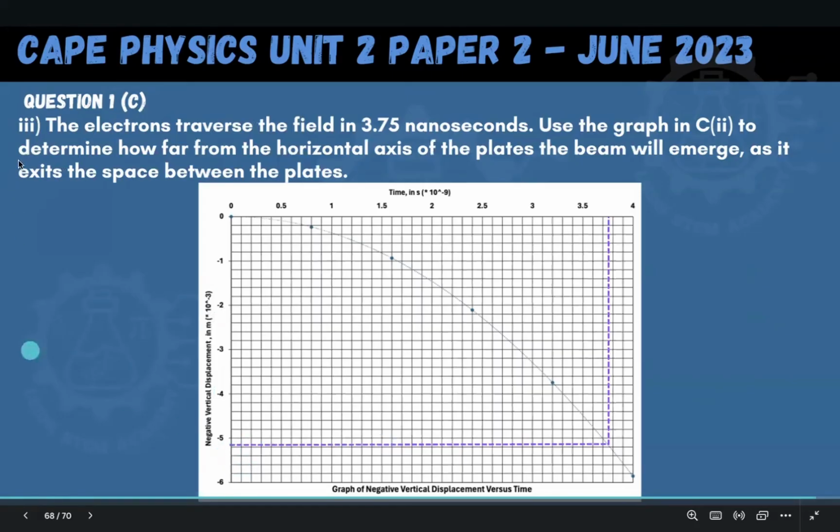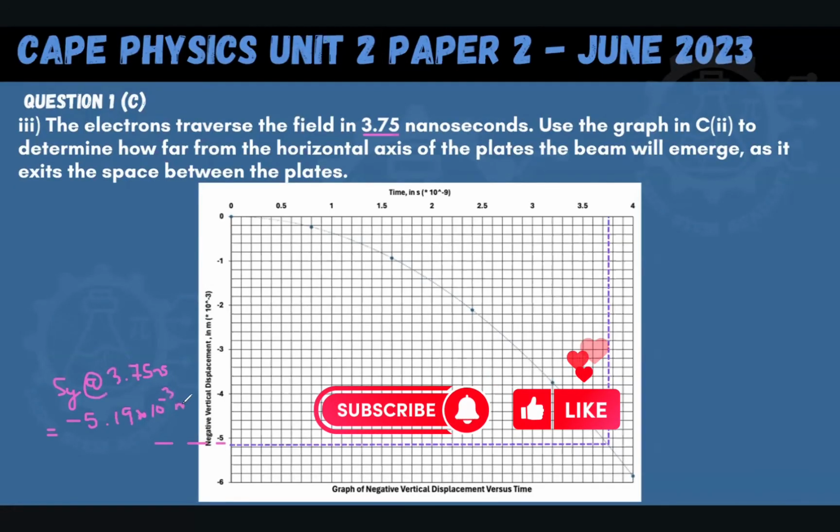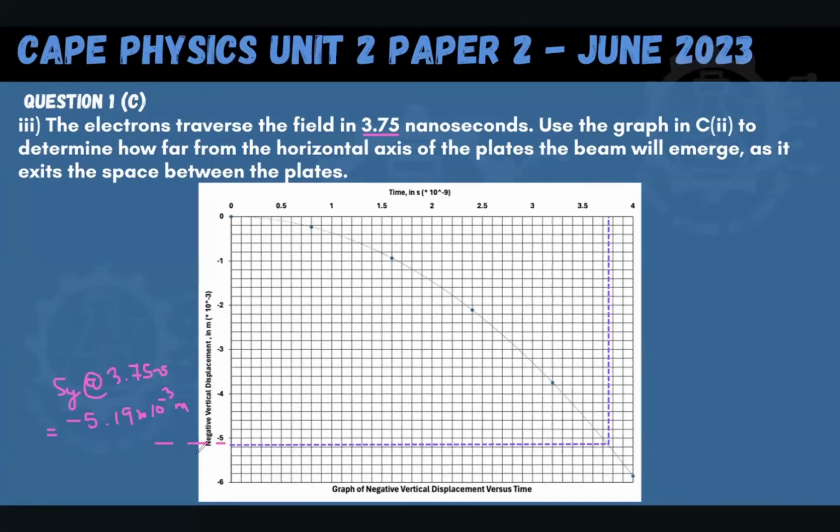It turns out that the negative vertical displacement corresponding to 3.75 nanoseconds is, so the s in the y at 3.75 nanoseconds is equal to negative 5.19 times 10 to the minus 3 meters. That's how far from the horizontal axis of the plates the beam will emerge. So that's our answer here.